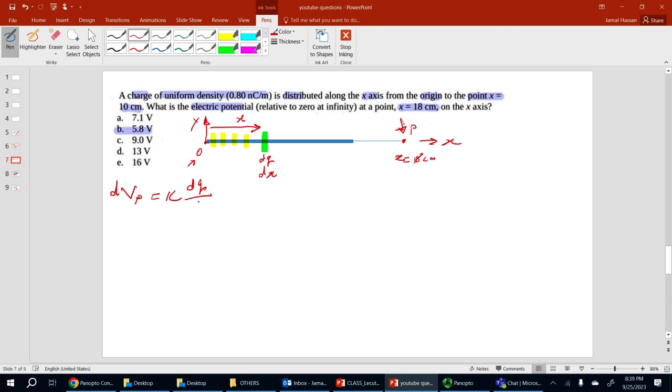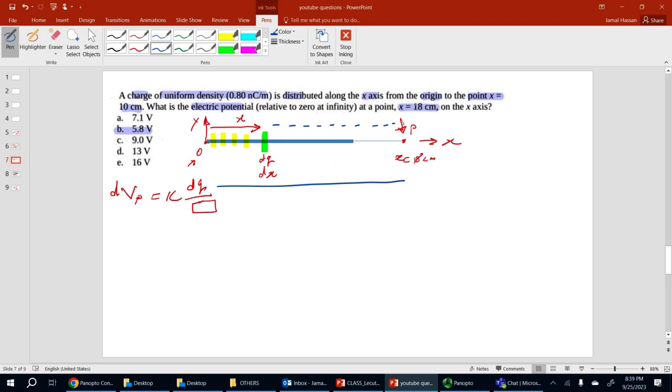Now I need to know the distance between dq and point P. So I need to know this distance. Well, I know everything from here to here is 18 centimeters. So that distance is simply equal to 18, right?